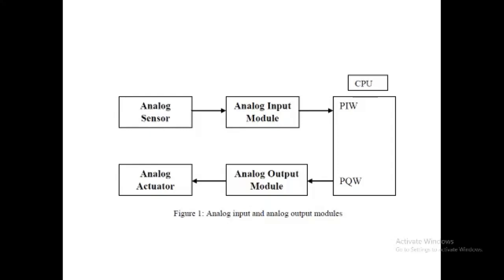This operation is called the scaling operation, and the first way to scale the stored value is to use the mathematical operation to scale down the input value to its original voltage input value and display it on a memory. See this figure number 3.